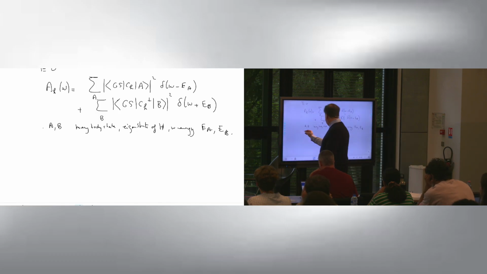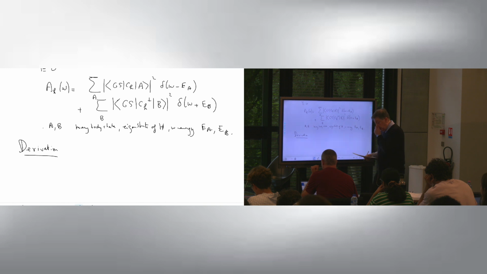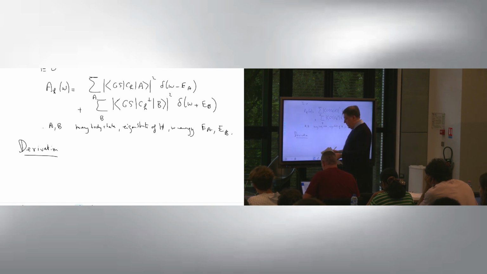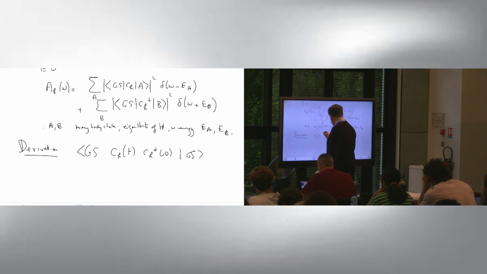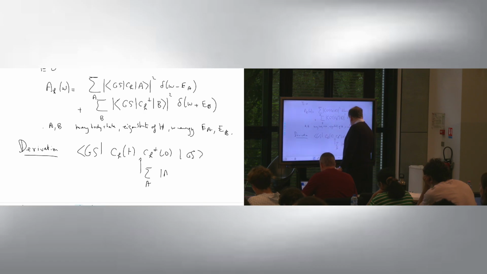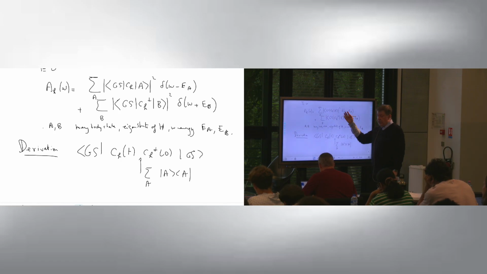The idea is you just insert a complete basis of states in, for example, the commutator of c_K of t with c_K^† of 0. You will have a term like this in the ground state, and you insert here the sum over all states A. You use the fact that they are eigenstates and do a Fourier transform.